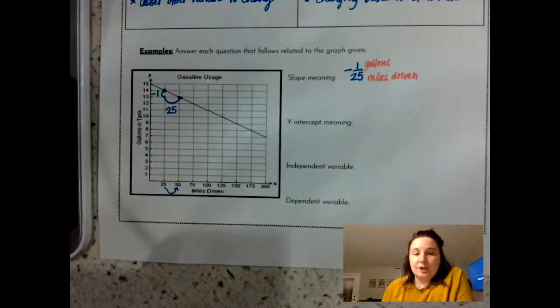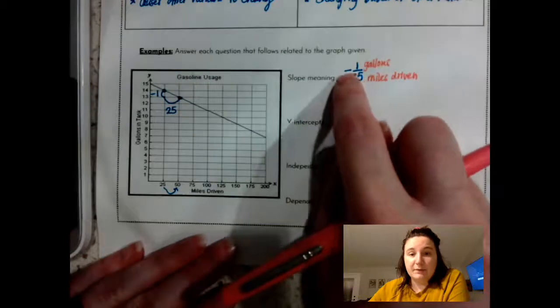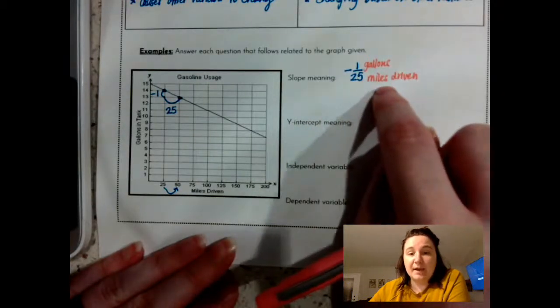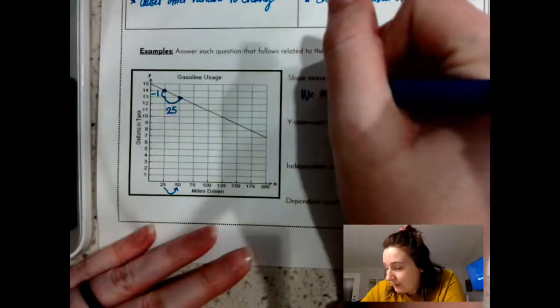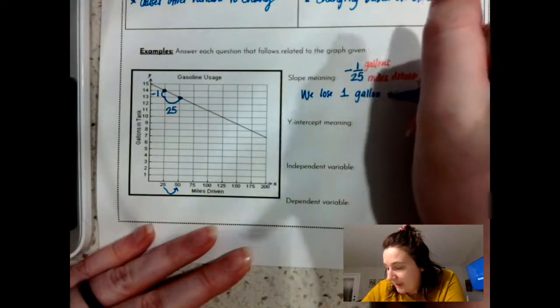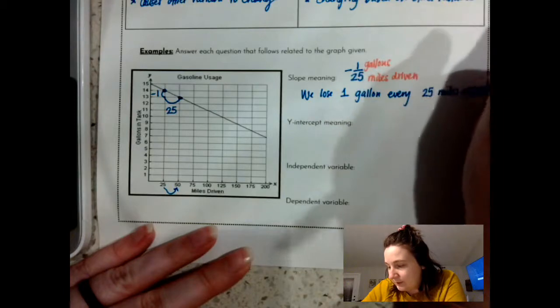And so now I want to interpret that. This means, because it's negative, I'm losing 1 gallon for every 25 miles I drive. So we can say we lose 1 gallon every 25 miles driven.